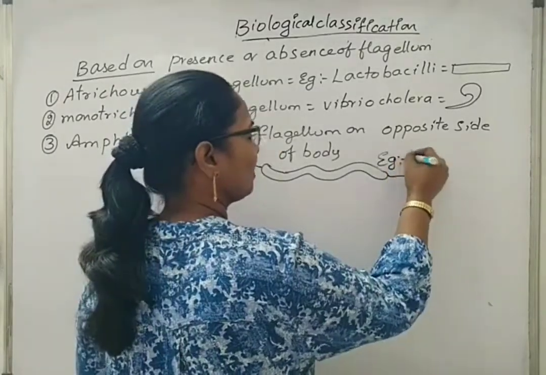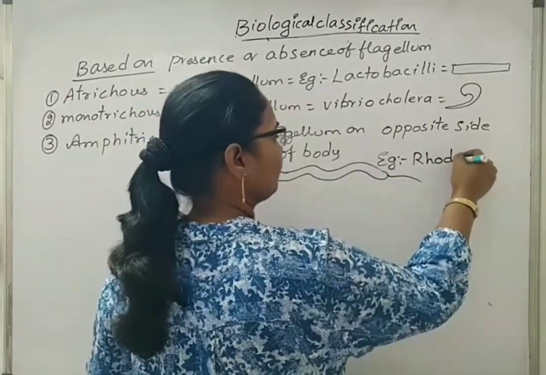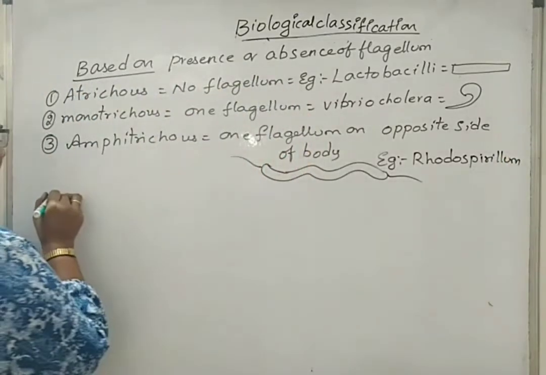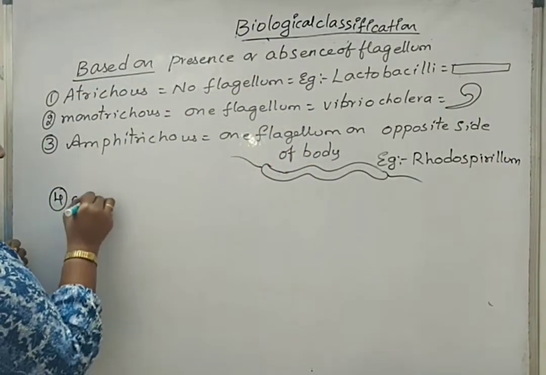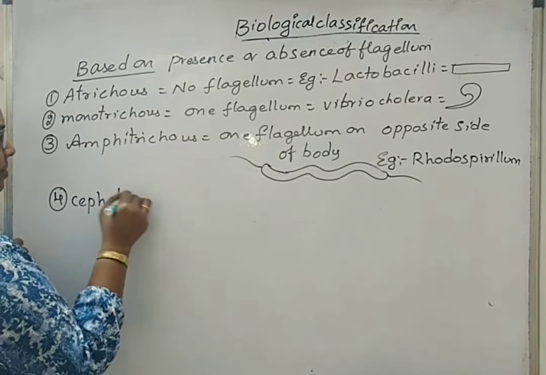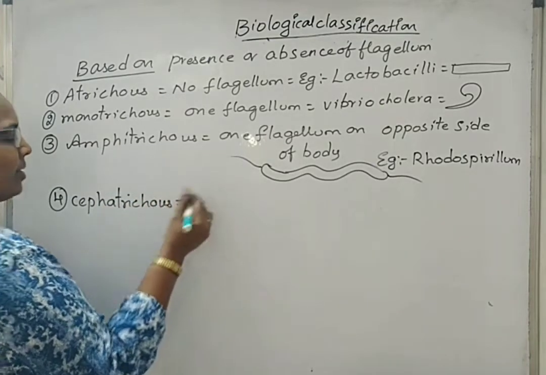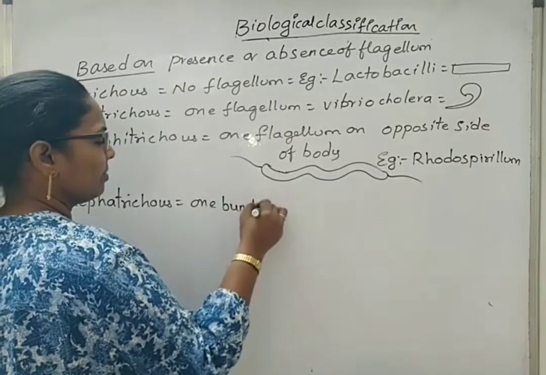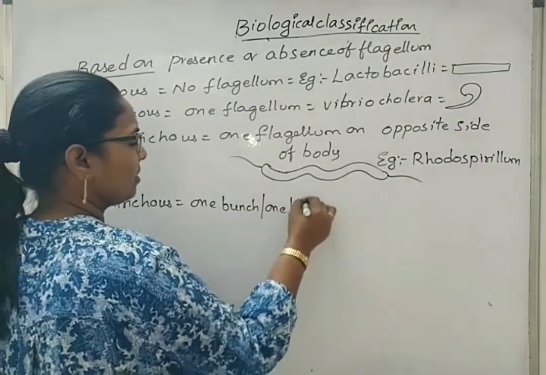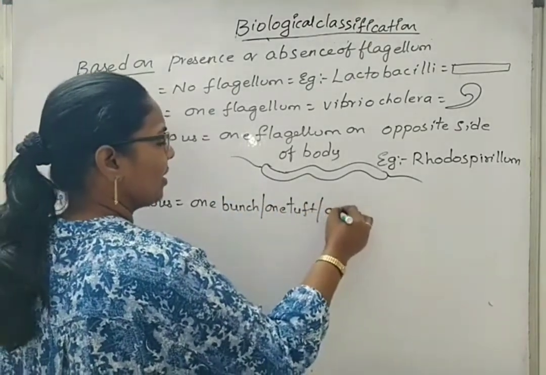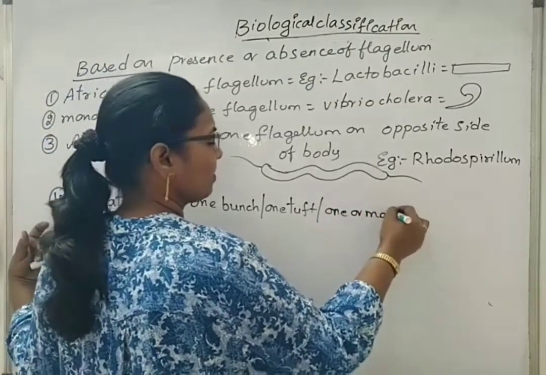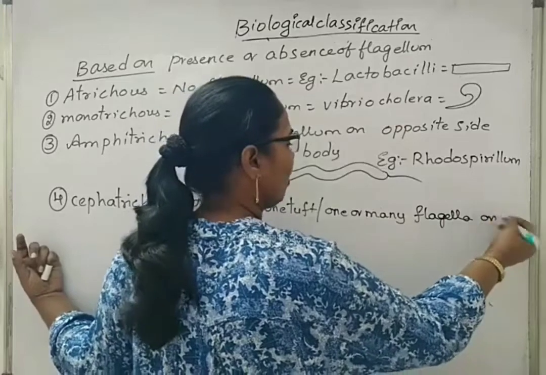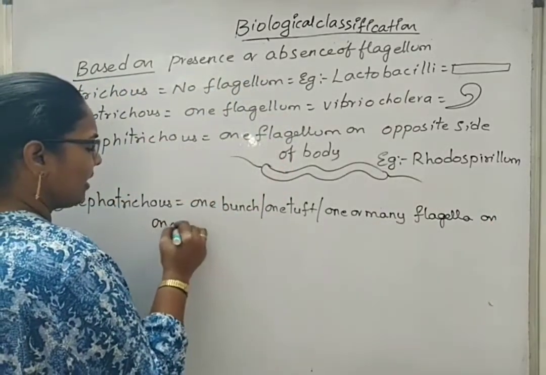Example is Rhodospirillum. Fourth one is cephalotrichous. We can use the term one bunch or one tuft, one or many flagella on one side of the body.